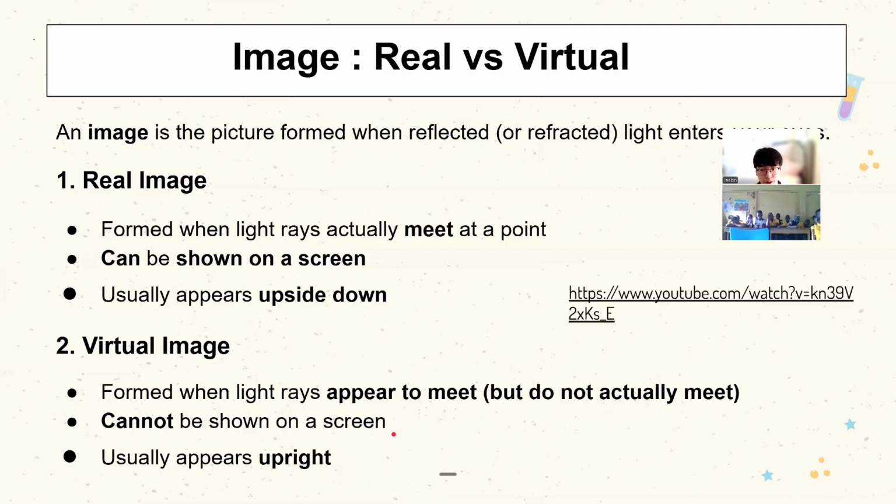It's not something that we can show physically. And a virtual image usually appears upright. So here are some differences between the two. But let's look at this quick video which shows and demonstrates the real image and the virtual image.